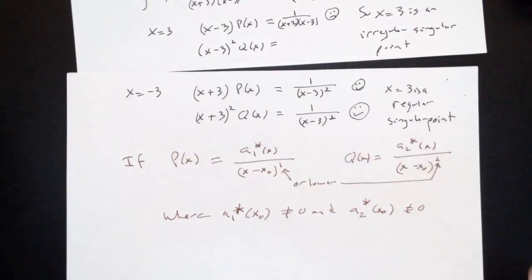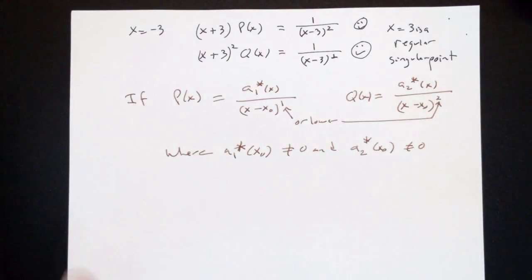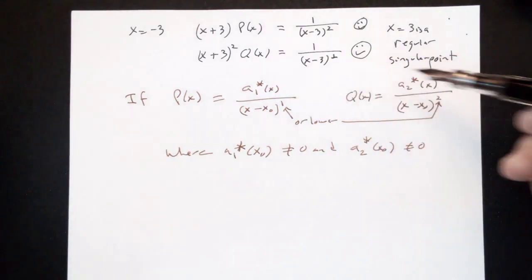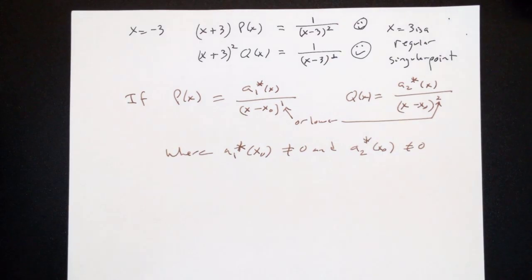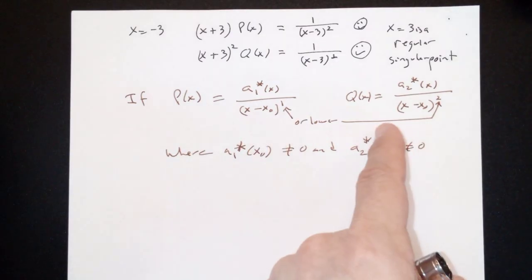If I can write P of x as having no more than one factor of x minus x0 in the bottom, and I write Q of x as having no more than two factors in the bottom. See these stars up here on the top? I'm using that to mean that that is not zero at x0. So in the one that was regular, Cody, that was x equals -3, right? The numerators were both one. So it worked. We got rid of our x plus 3 and our x plus 3 squared.